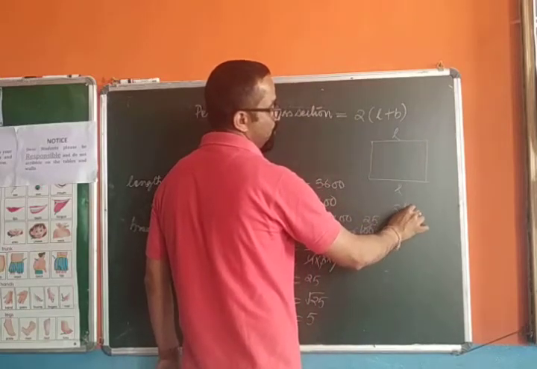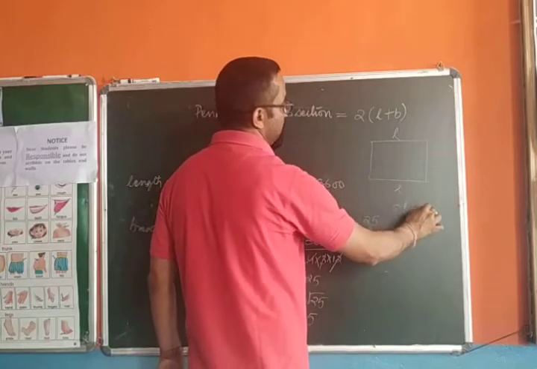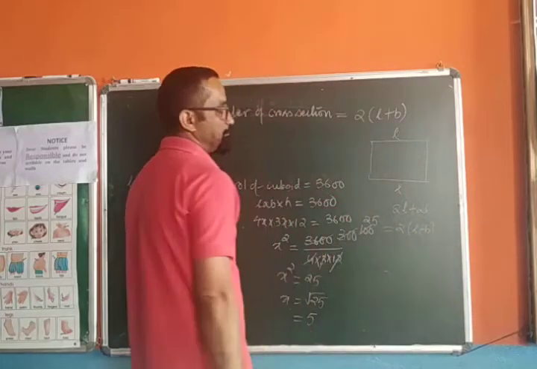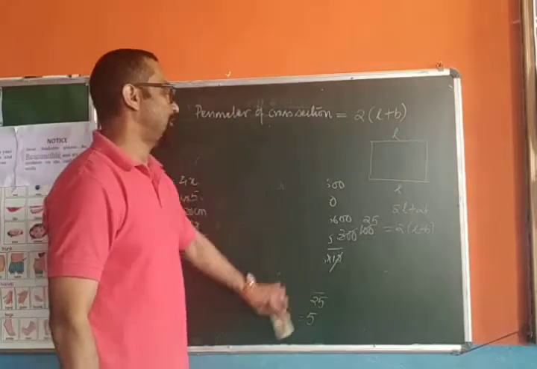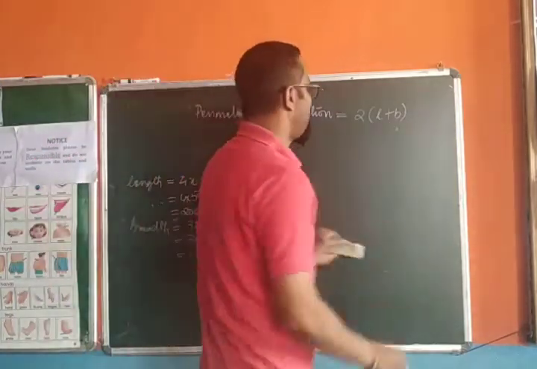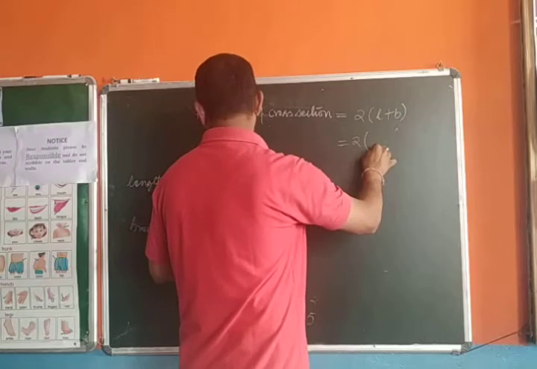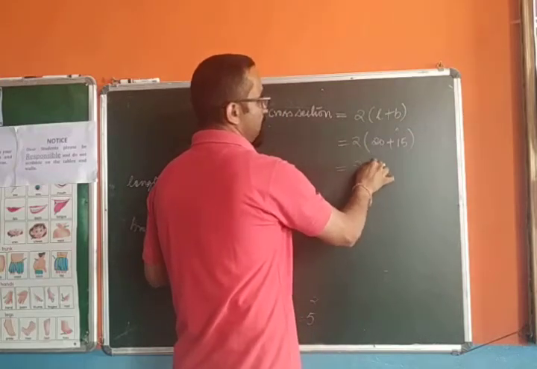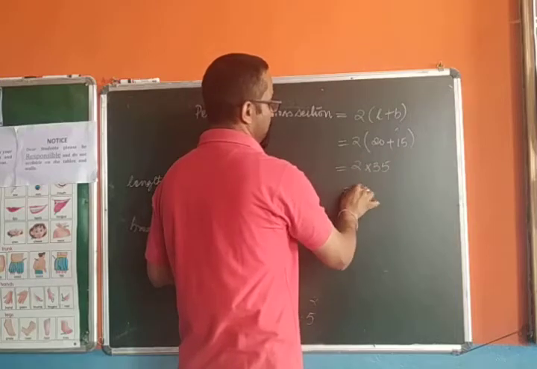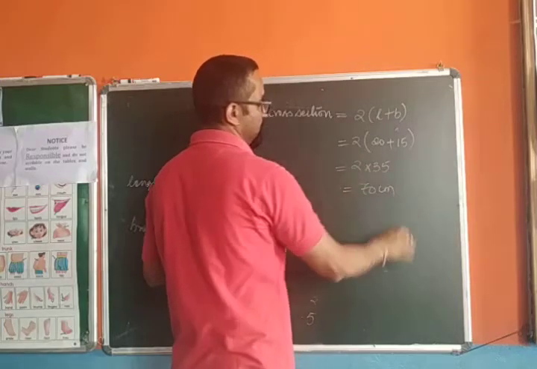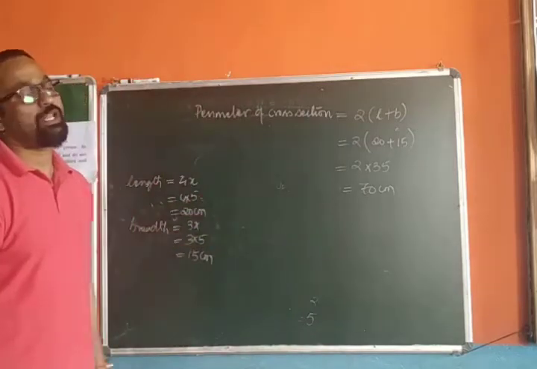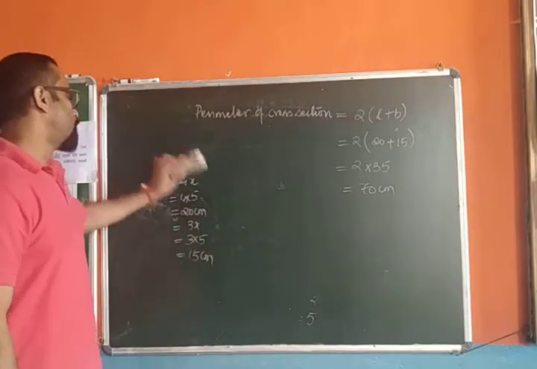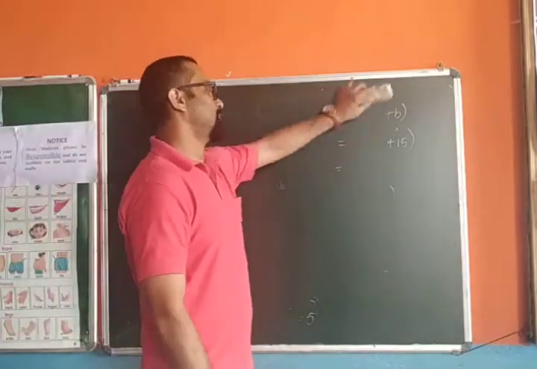Length plus length is 2 length, plus breadth is 2 breadth. 2 is taken common, you get L plus B. Substitute the value here. It is 2, length is 20, breadth is 15. 2 multiplied by 35, which is equal to 70 centimeter. This is how we calculate the perimeter of the cross section of the cuboid.